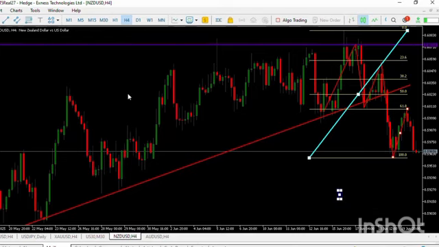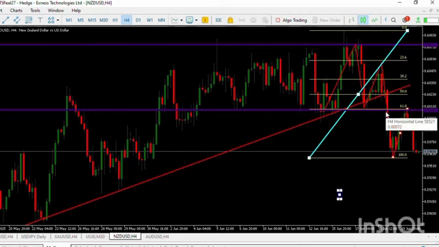Now if you take another horizontal line, you could see very clearly that at this point there was a clear break of structure.